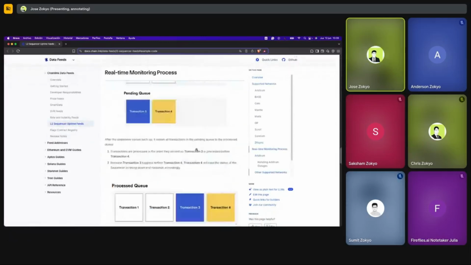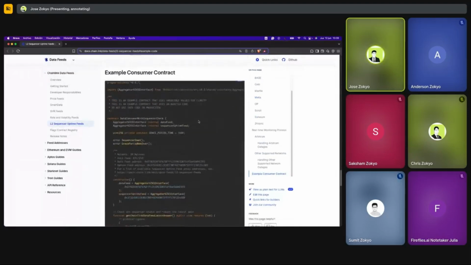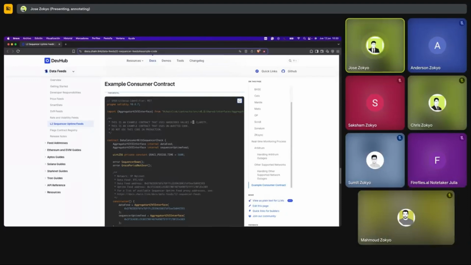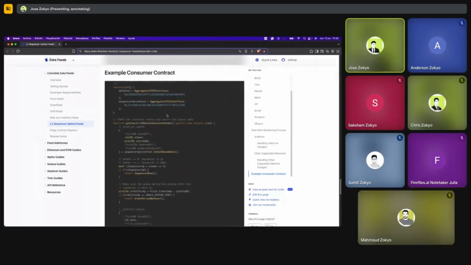And you also have a code example on how to check if the sequencer is up or down, because as I mentioned, the sequencer can be down. And in this case, if the sequencer is down, you will not be getting fresh prices, but still old ones. So it's something really important.